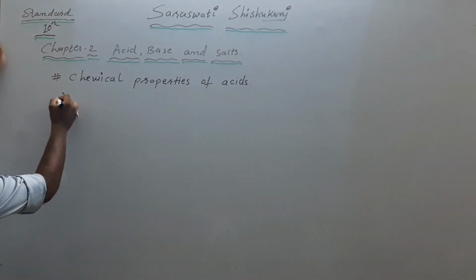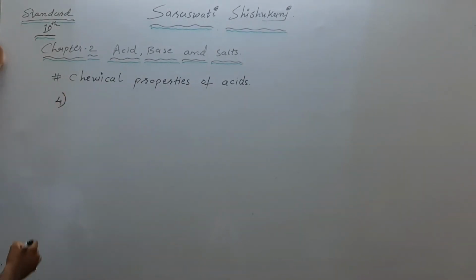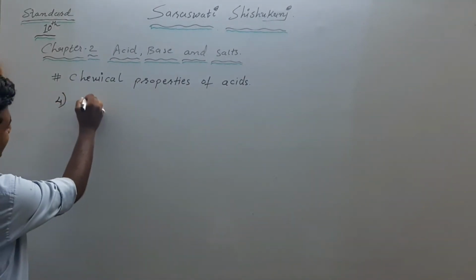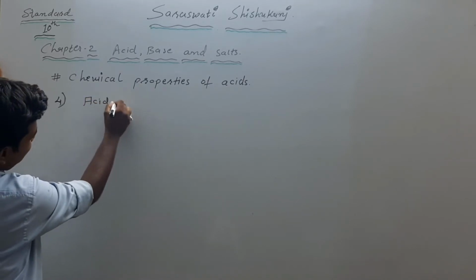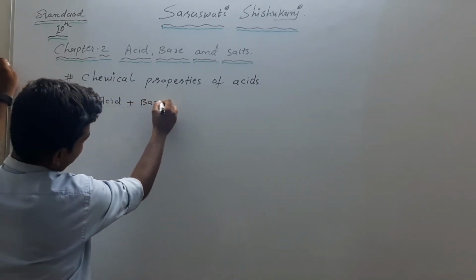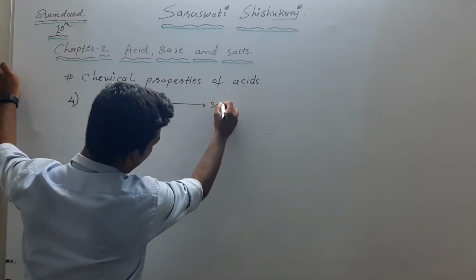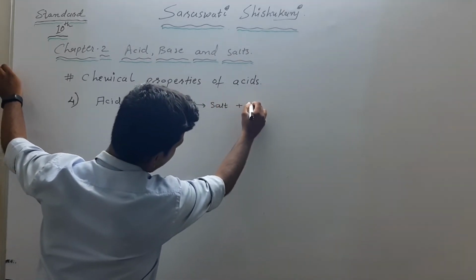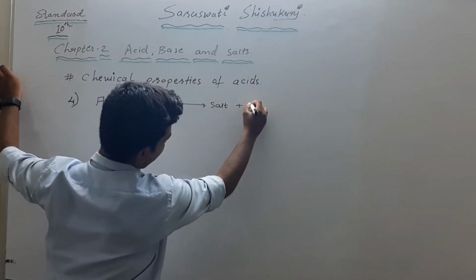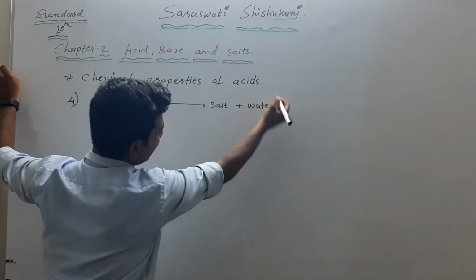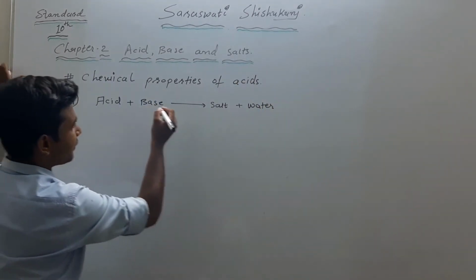Now let's discuss the fourth chemical property of acid. In that, acid plus base gives us salt and water. Now let's check. We know the different names of base.